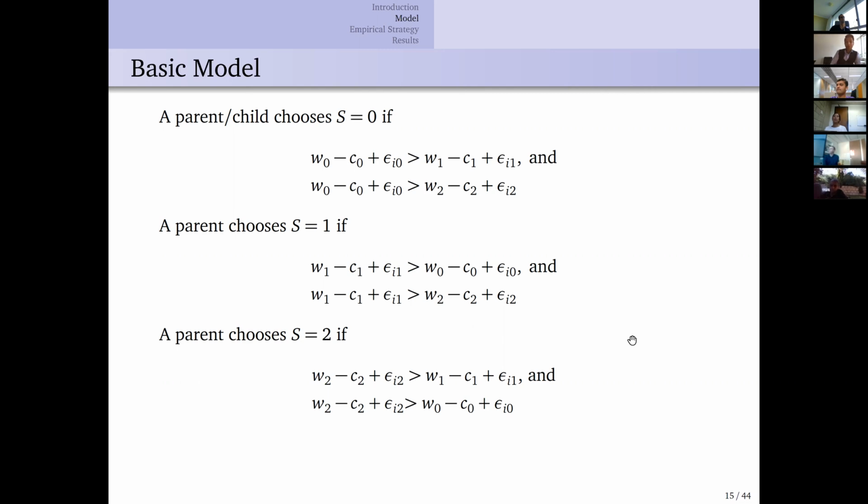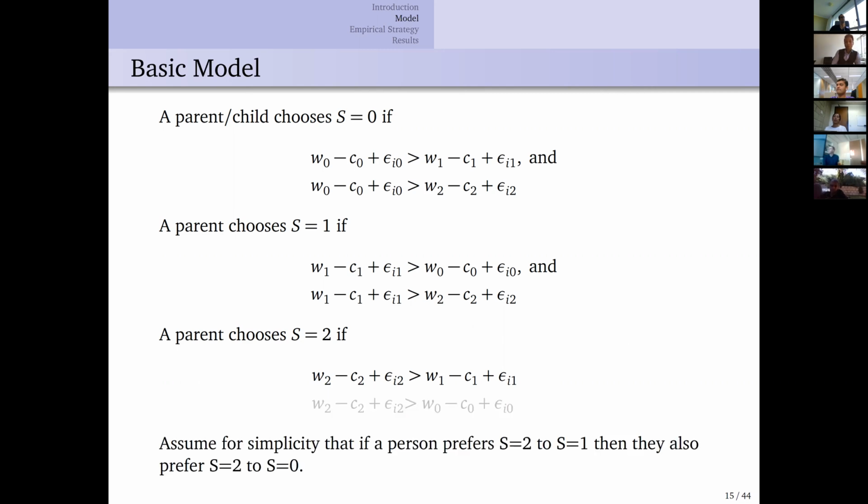But I am going to make one simplifying assumption, which makes it a lot easier for me to draw the pictures that you're going to see later, but I think it is a reasonable assumption: if a person prefers S2 to S1, then they also prefer S2 to S0. That simplifying assumption allows me to remove this last condition here. And again, it makes the figures that I'm going to show you a little bit simpler.